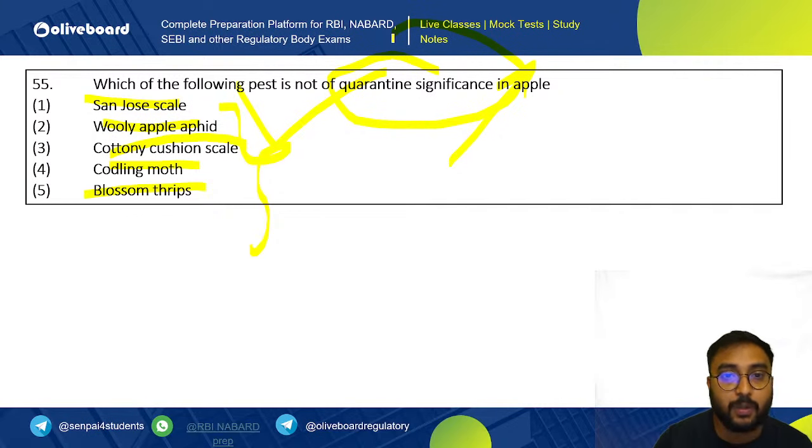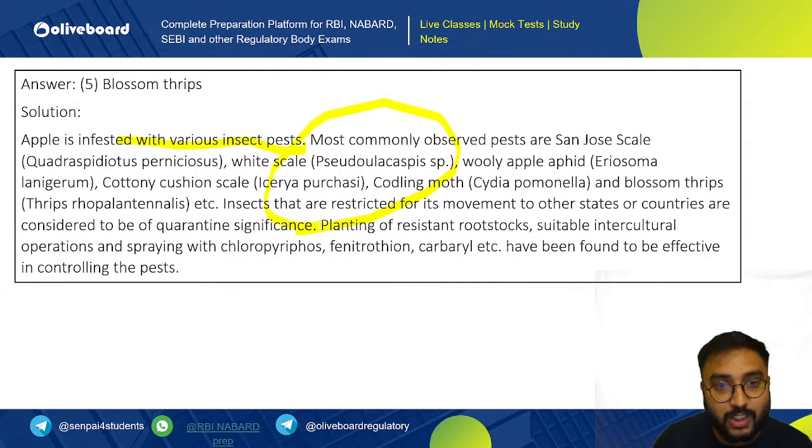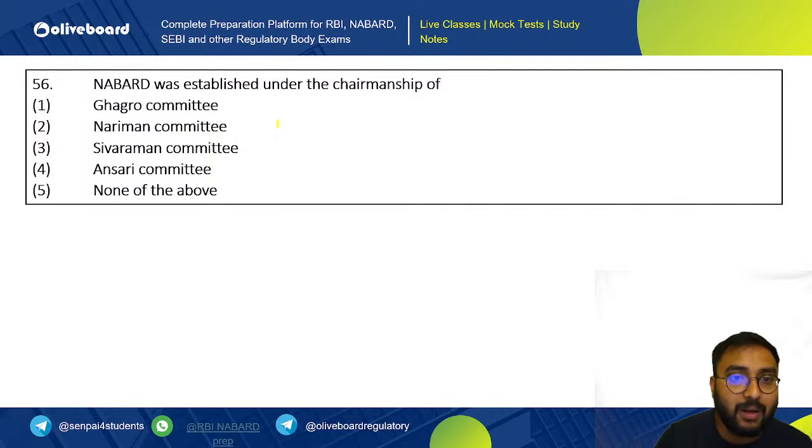That means this particular pest should not enter from one area to another area. So blossom thrips, the fifth one, infests the apple, and out of all of these pests, blossom thrips is quarantine significant. NABARD is established under the chairmanship of which committee?